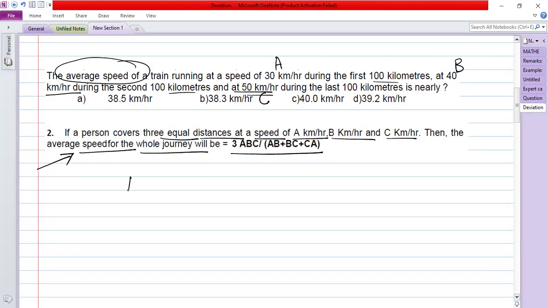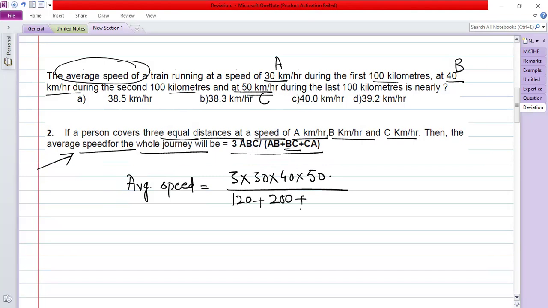So the required average speed for the whole journey will be 3 times 30 into 40 into 50, divided by AB plus BC plus AC. AB is 30 into 40, BC is 40 into 50, and AC is 30 into 50.